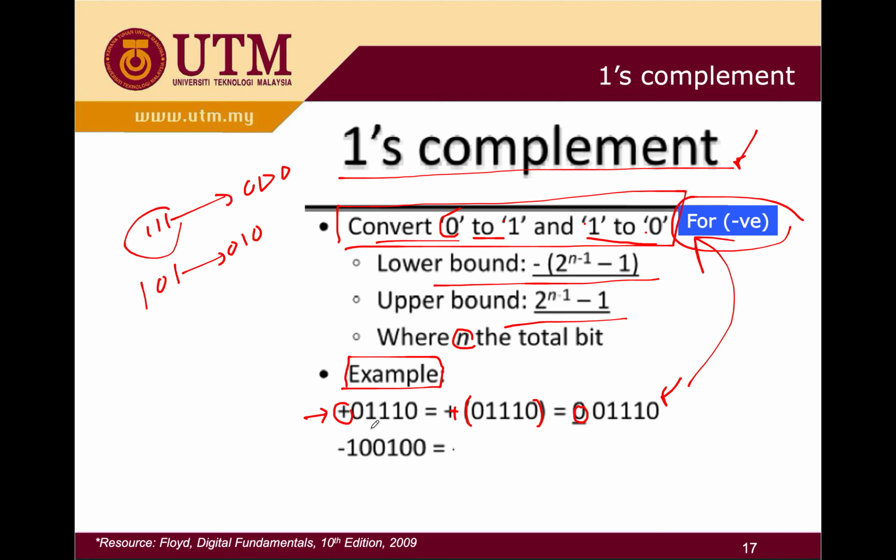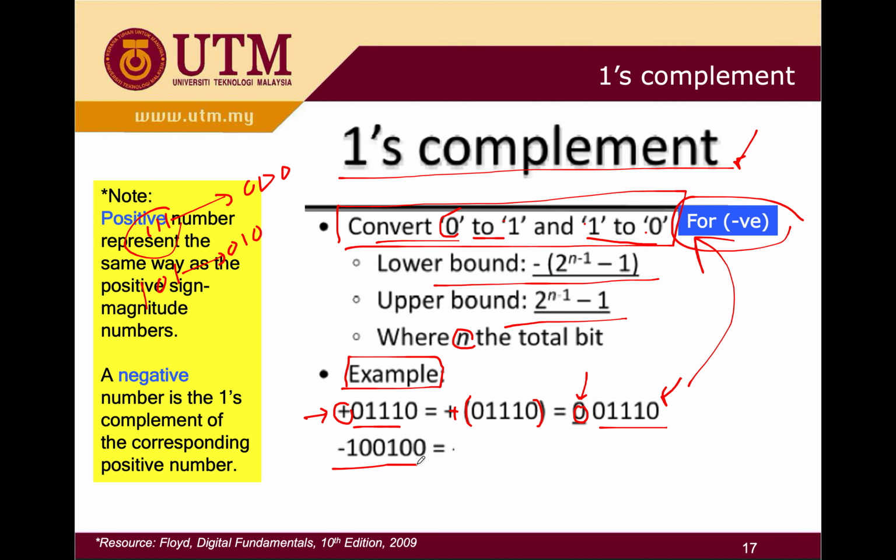If you were given a positive number and you're going to change it into first complement, it's going to be similar, only you change the sign in front, positive or negative. Nothing happens inside the number. But when you deal with a negative number, what you need to do is change it.